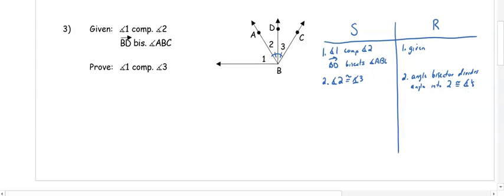Now that we know angle 2 and angle 3 are congruent, we know that we can replace angle 2 with 3. So our third statement then is going to be angle 1 is complementary to angle 3 by the substitution property.